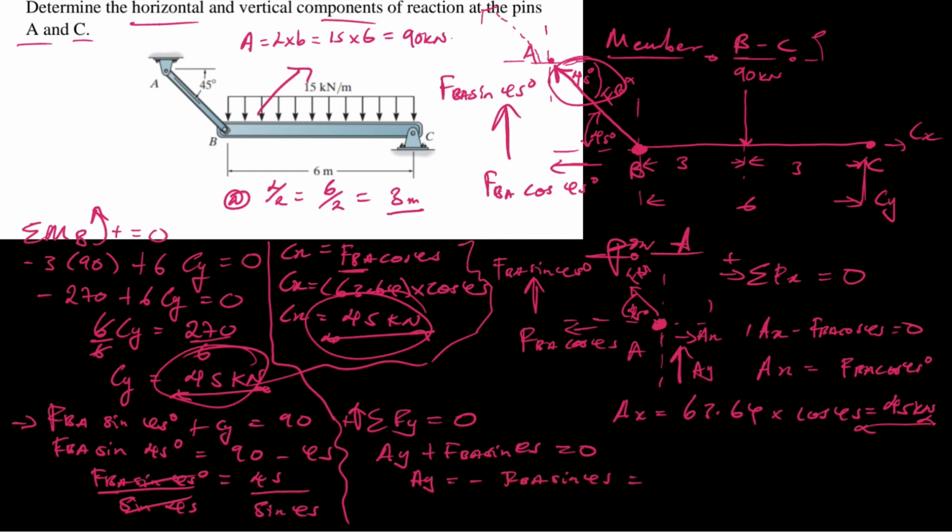This gives us negative 63.64 times sine 45 degrees. And AY will give us a value of 45. Now remember, it's the magnitude that we're interested in, and the magnitude should always be positive. So if we do the math there, we have a negative sense, but a value of 45 kilonewtons, because our interest is basically the magnitude.